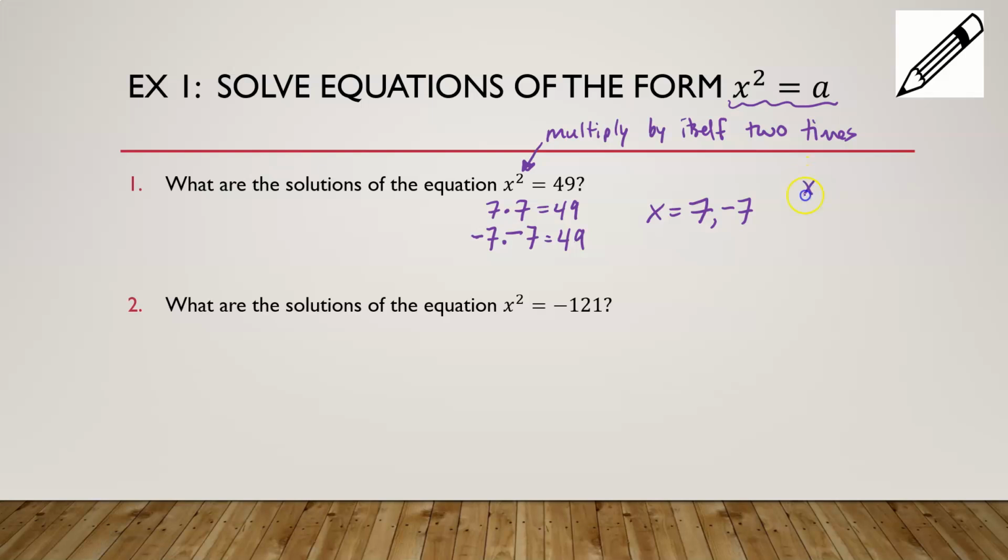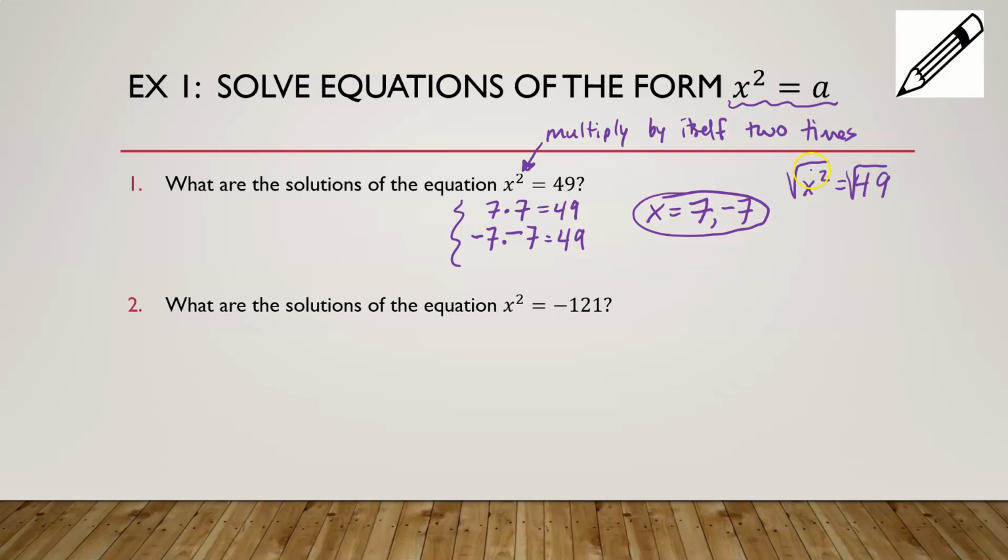Now, let me write it out the way we're actually going to think about it. This is why it works the way it does. When we solve and have x squared by itself, anytime you have the piece that's squared all by itself, the strategy we can use is to take the square root of both sides.